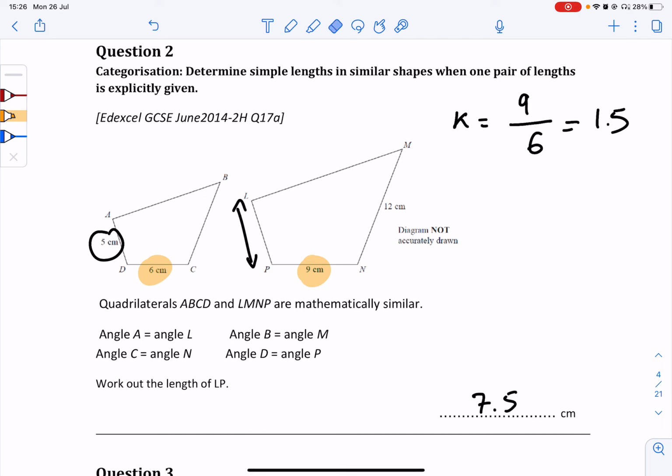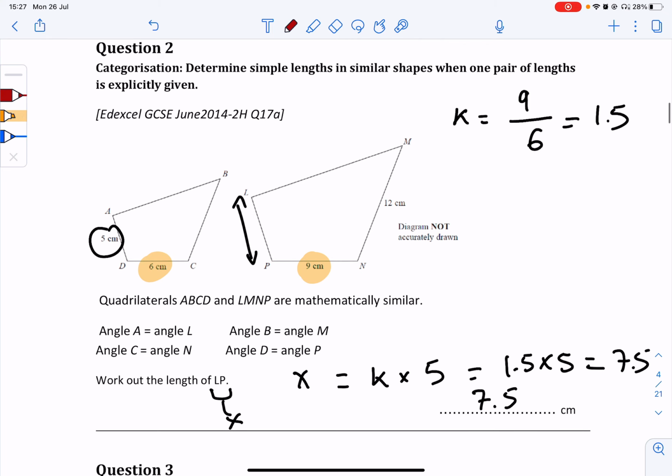Again, the way we got this is by calculating the scale factor for one set of lengths that represent the same position in the shape. Literally, I'm taking this line and comparing it to the line that is identical in the bigger one. By comparing that, I'm getting the scale factor.